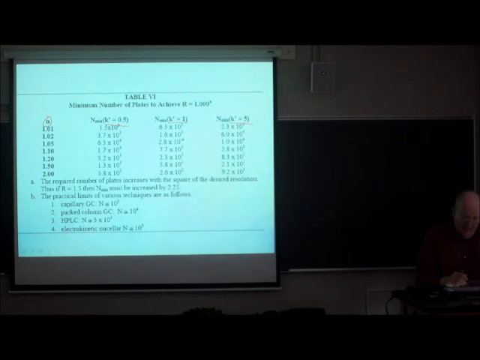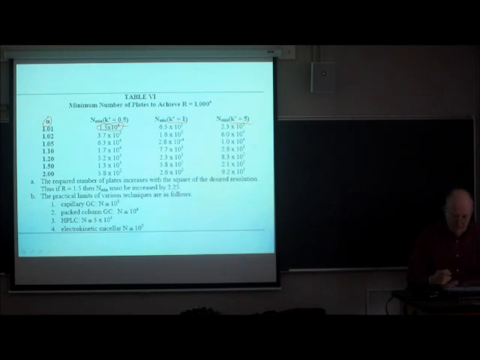Now, if k prime is a half and alpha is 1.01, this says that you need 1.5 million plates to do the job, to get to a resolution of 1. Now, 1 is not a perfect separation.